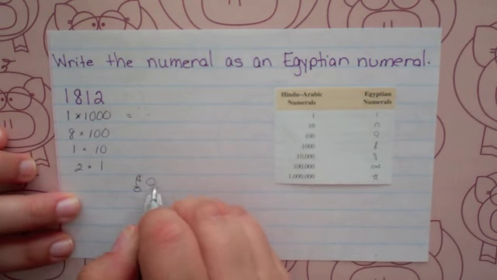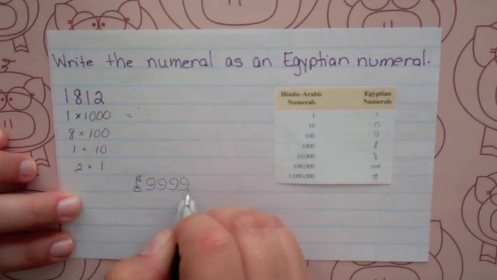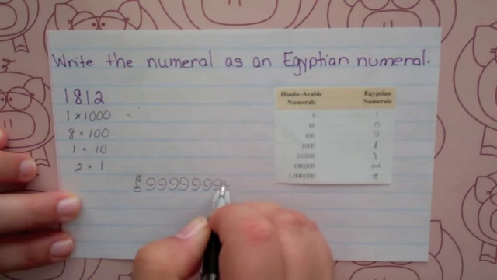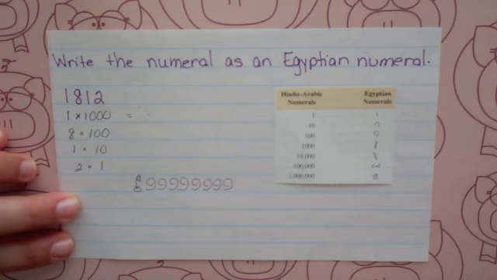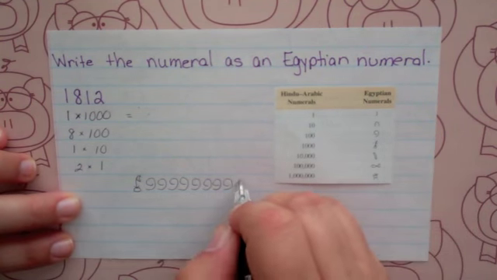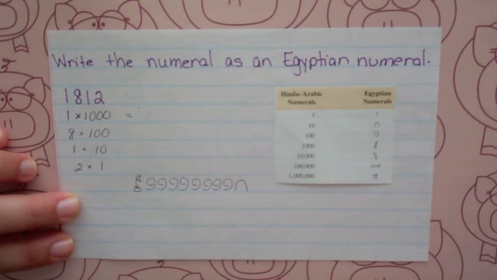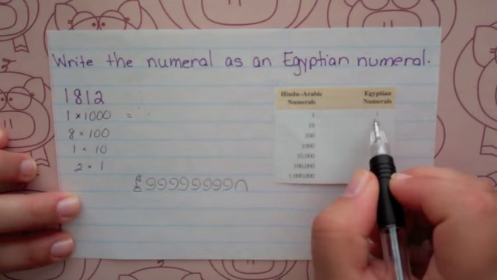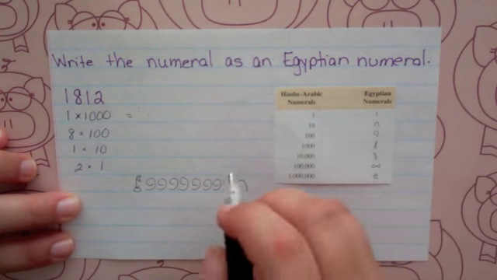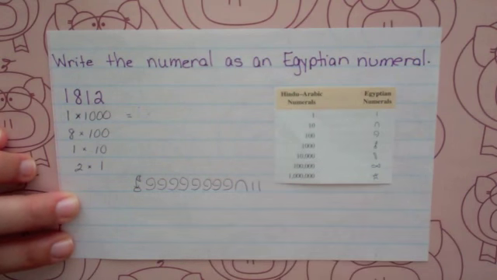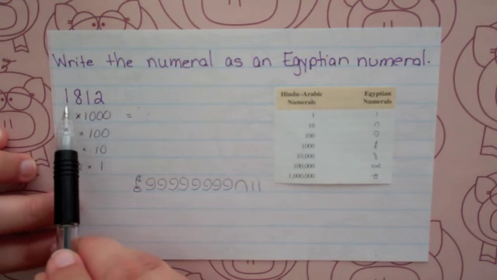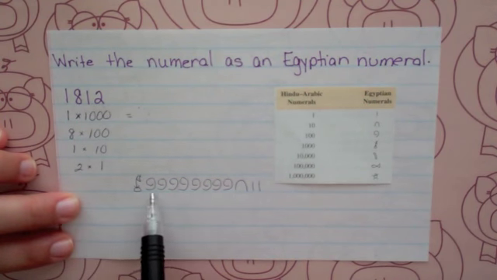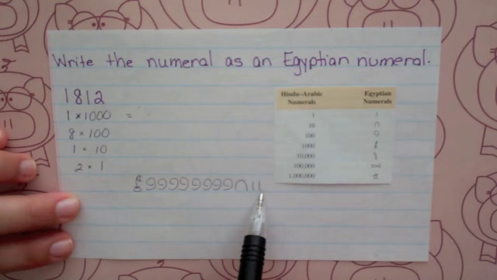These aren't too bad: 1, 2, 3, 4, 5, 6, 7, 8. I need 1 ten. The 10 is represented by a heel bone. I only need 1. And then I need 2 ones, and the 1 is represented by something that looks like a 1, which is called a staff, and I need 2 of those. So here we went from Hindu-Arabic, 1,812, to what it would look like as an Egyptian numeral.